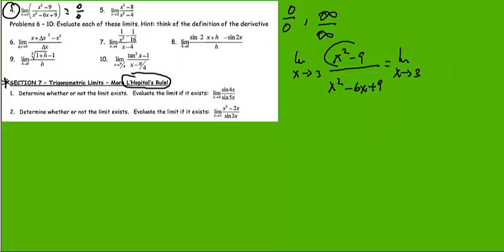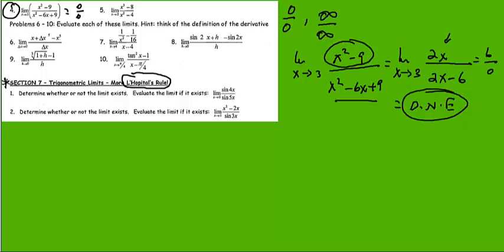We take the derivative of the top, which gives me 2x, over the derivative of the bottom, which is 2x minus 6, and then we plug in 3. We get a 6 on the top and 0 on the bottom, so we know the limit does not exist. Originally we had 0 over 0, so we just take the derivative of the top, the derivative of the bottom, and plug it in.